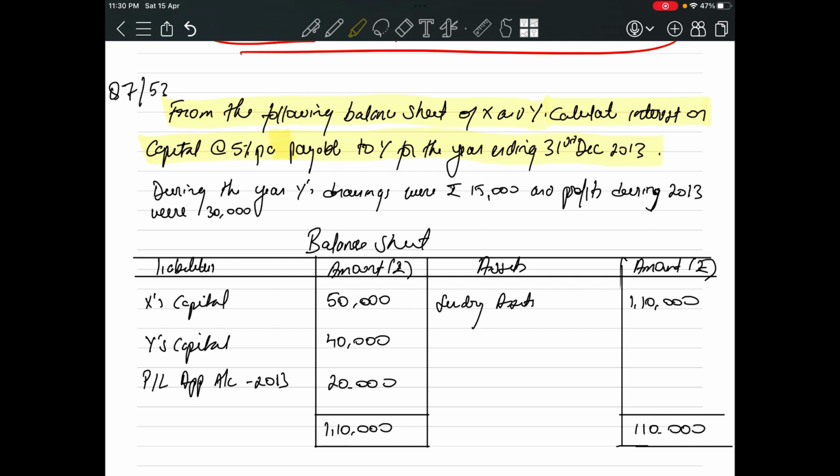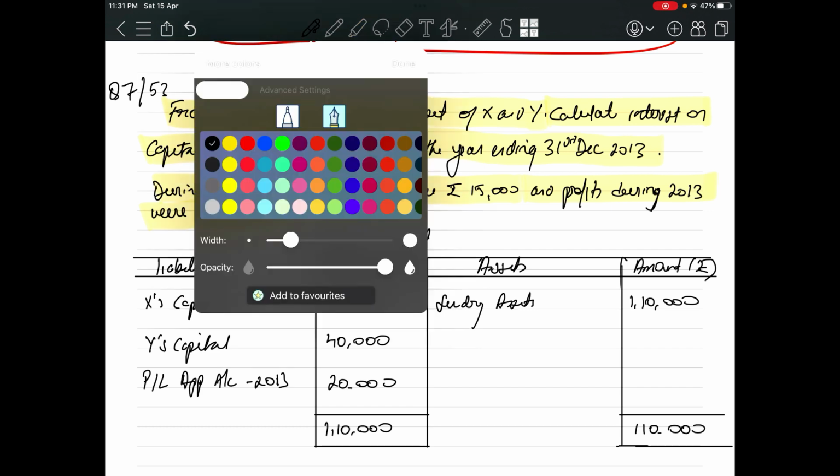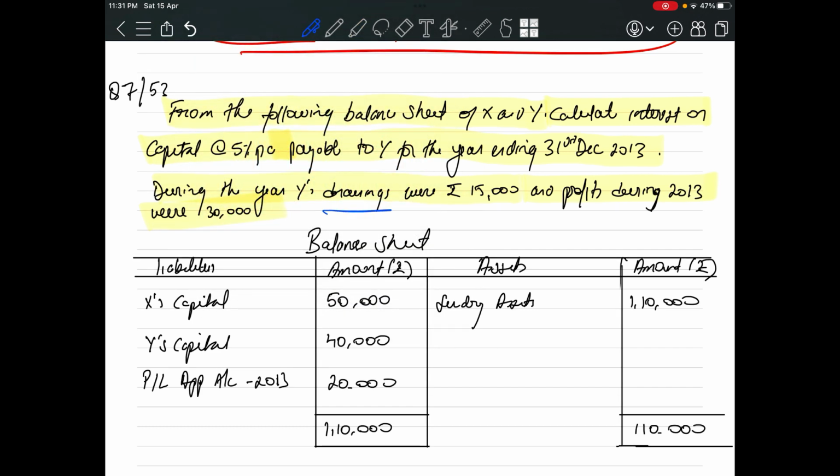There are two partners, X and Y, but the question has asked us only to calculate interest on capital payable to Y. During the year Y had drawings of rupees 15,000 and profits during the year were 30,000. The amount of drawings has been given to us, and the profit during the year has been given to us, 30,000.